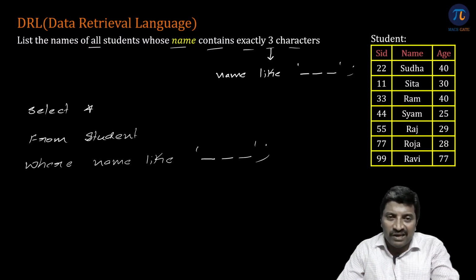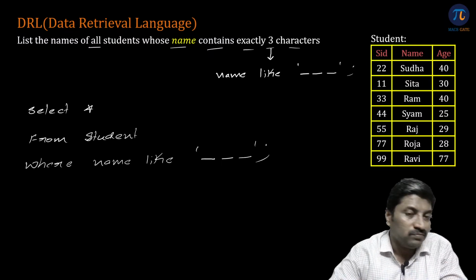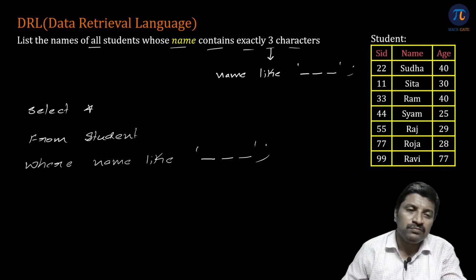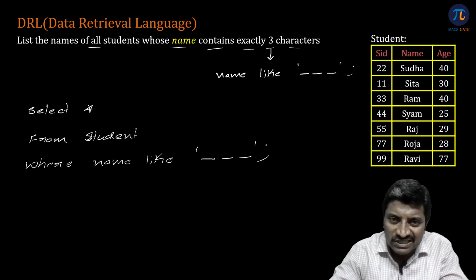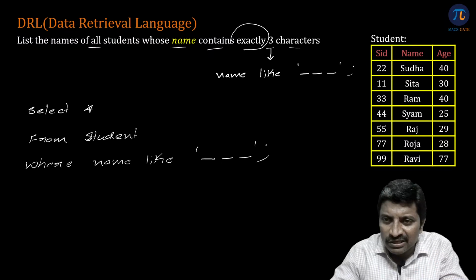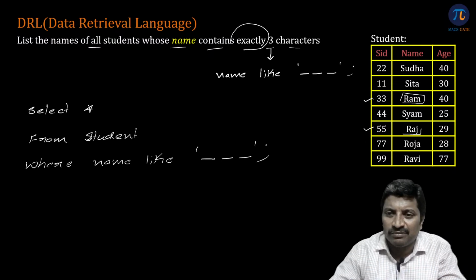If they give 5 characters, we specify 5 underscores. This is exact, sir. In this case, Ram will be displayed, Raj will be displayed, because they have exactly 3 characters. The characters can be anything.